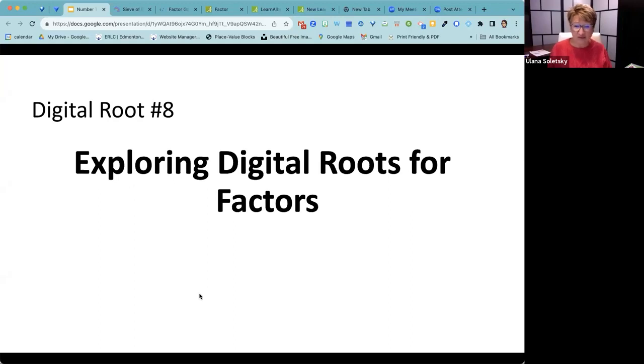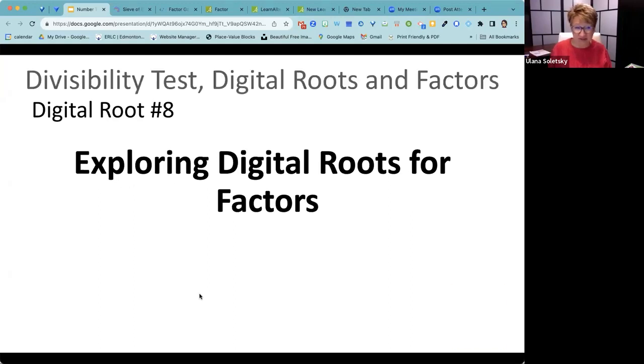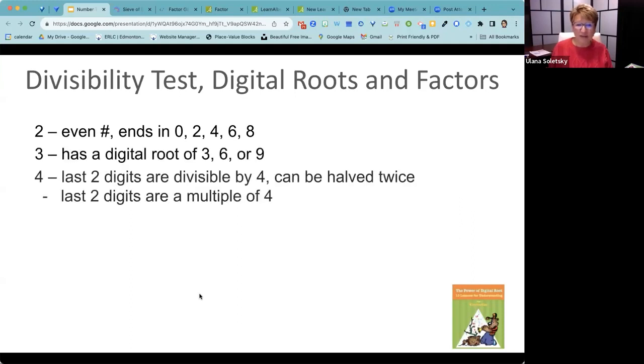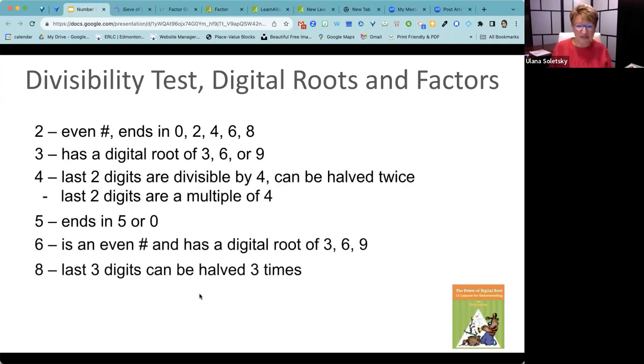And you can also use them to explore for factors. So I can use my knowledge of divisibility tests and digital roots for factors, and when I know that, I can have way more success in listing factors for numbers.